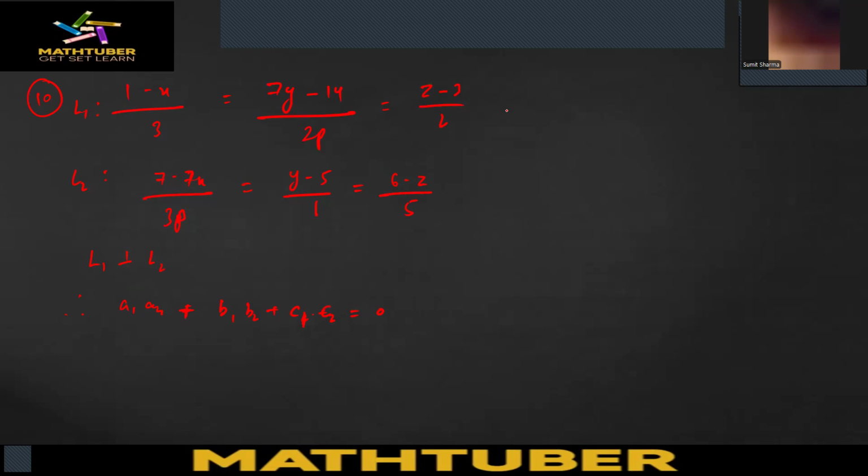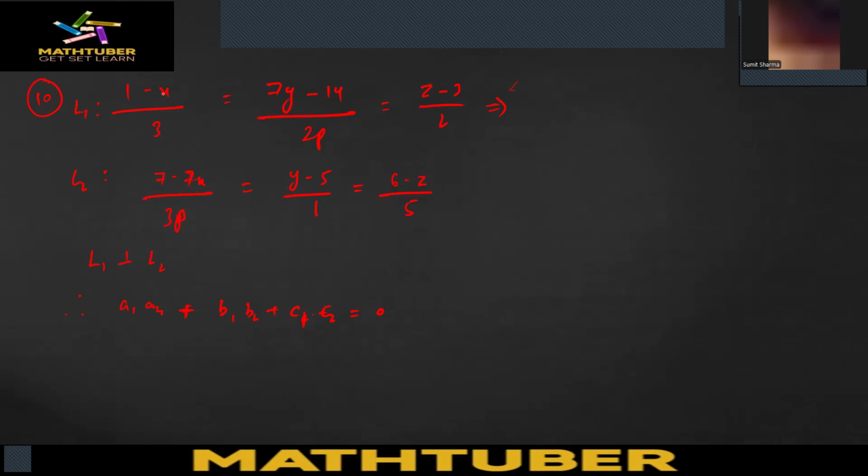But first, we have to find out the values of A1, A2, B1, B2, and C1, C2. But before doing that, we have to check whether the Cartesian forms are in standard form or not. So you can see the standard form is x minus x1, but here it is given 1 minus x.